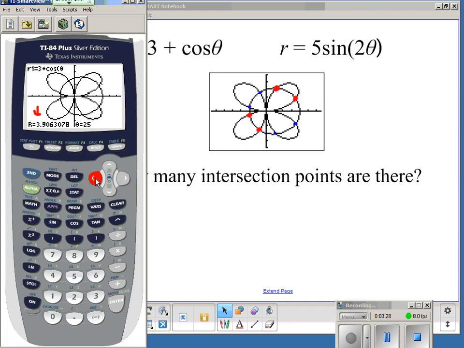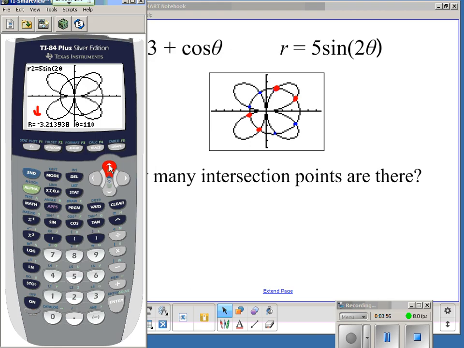And as we trace around, let's go back a little bit, right there at about 25 degrees, r is 3.9. And if I switch to my other equation, it's about 3.8. So those are in about the same spot. But if I keep going and I look at what happens when I'm over here, at about 110 degrees, when I switch graphs, I switch way to the other side.